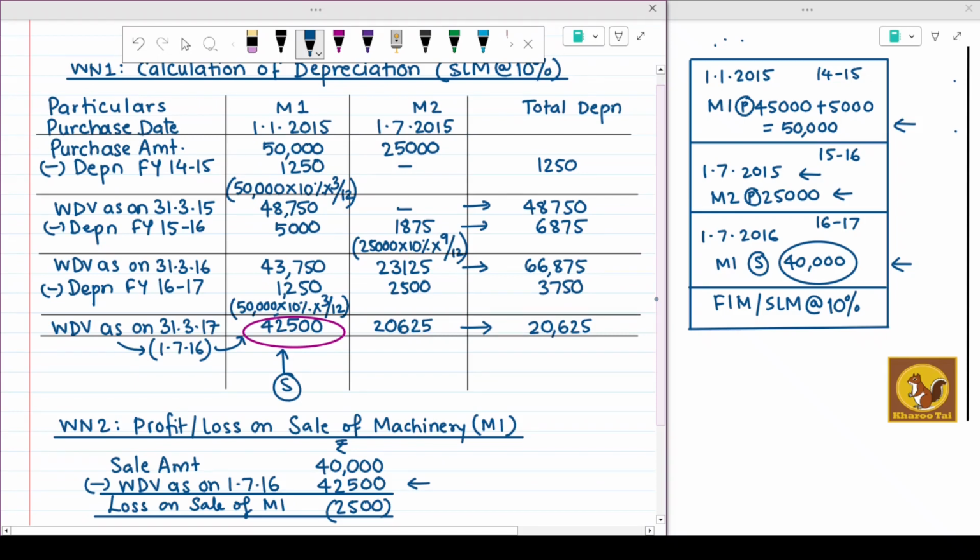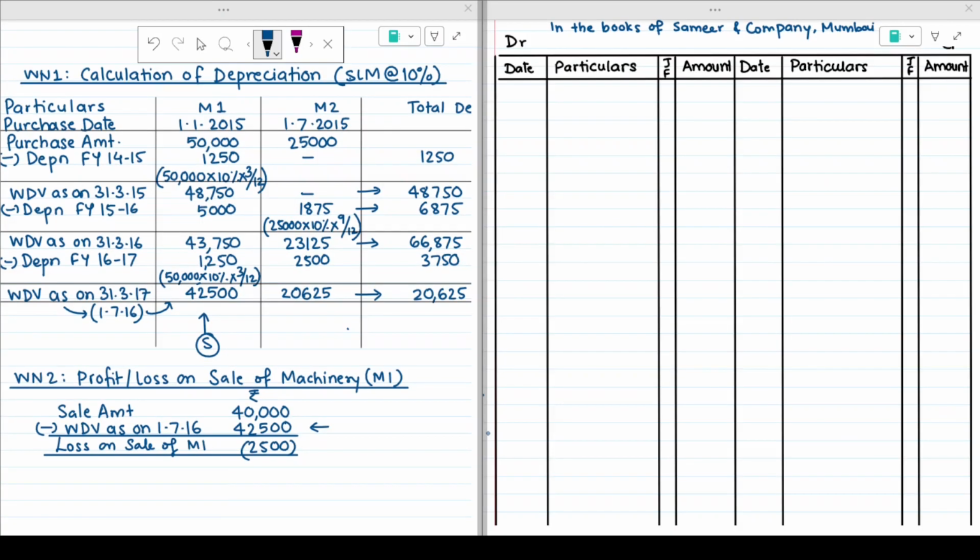With this, our working note 1 and working note 2 are ready and we can open our machinery account. So let's open the machinery account, and we will start with machinery 1. Machinery 1 was purchased on 1st Jan for 50,000. On 1st Jan 2015, machinery account debit to bank account.